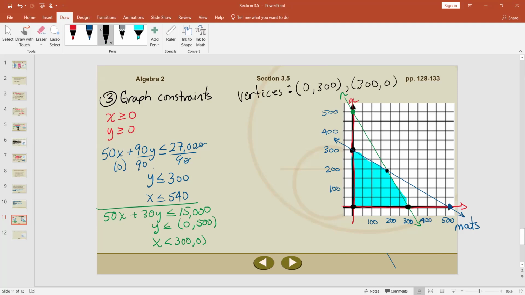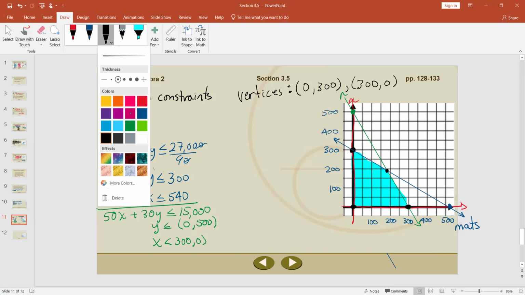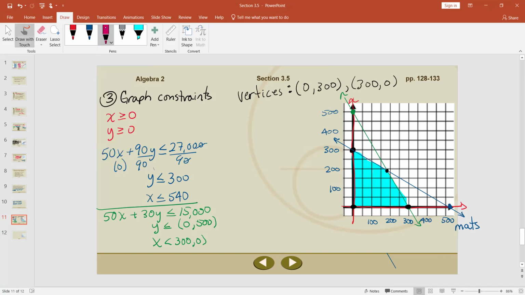And then we've got to calculate that middle one. I'm going to do that using elimination. Since both of those x's are 50, I'm going to use the 50x plus 90y equal to 27,000.